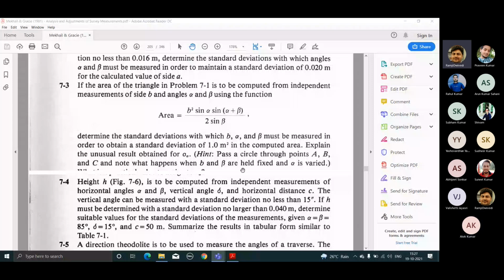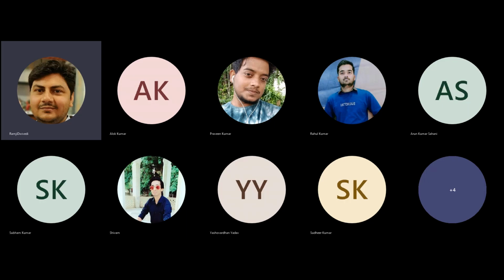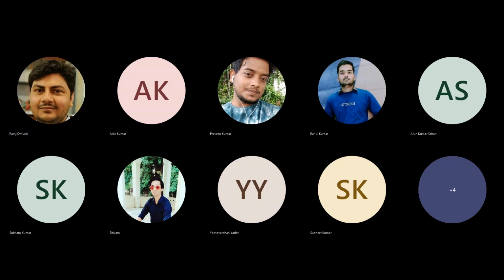Okay, I mean, see, precision is something which is related to instrument capabilities, isn't it? Precision is a component or function of too many things. If an equipment is very costly, but the user is someone who cannot handle the instrument properly, you cannot achieve the maximum precision associated with that instrument.